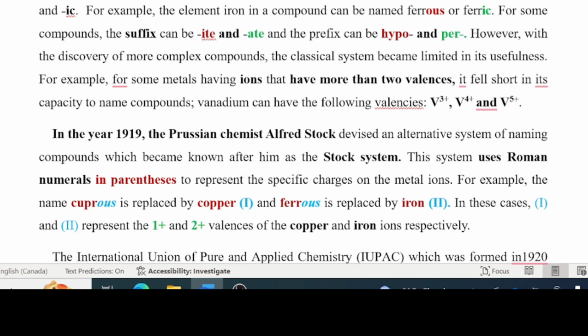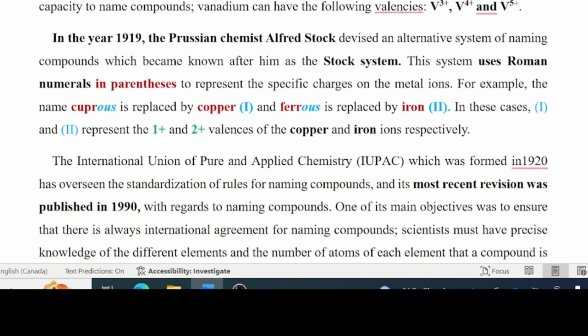For example, for some metals having ions that have more than two valencies, it fell short in its capacity to name these compounds. Vanadium can have valencies of 3+, 4+, and 5+. In the year 1919, the Prussian chemist Alfred Stock devised an alternative system of naming compounds, which became known after him as the Stock system.